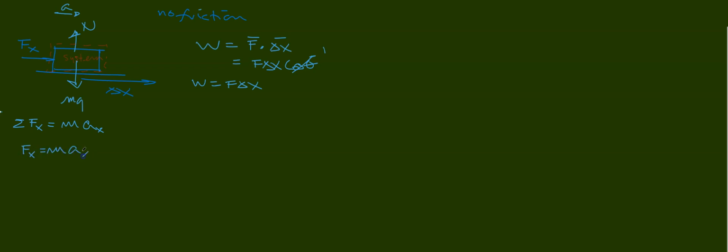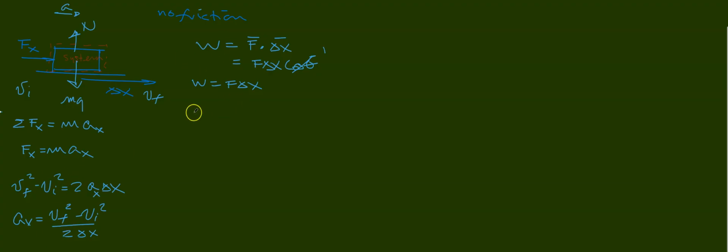So the initial velocity and the final velocity will not be the same, and they are related through kinematics by this equation: the acceleration is (v final squared minus v initial squared) over 2 delta x. All of this is known to us thanks to our studies in dynamics and kinematics.